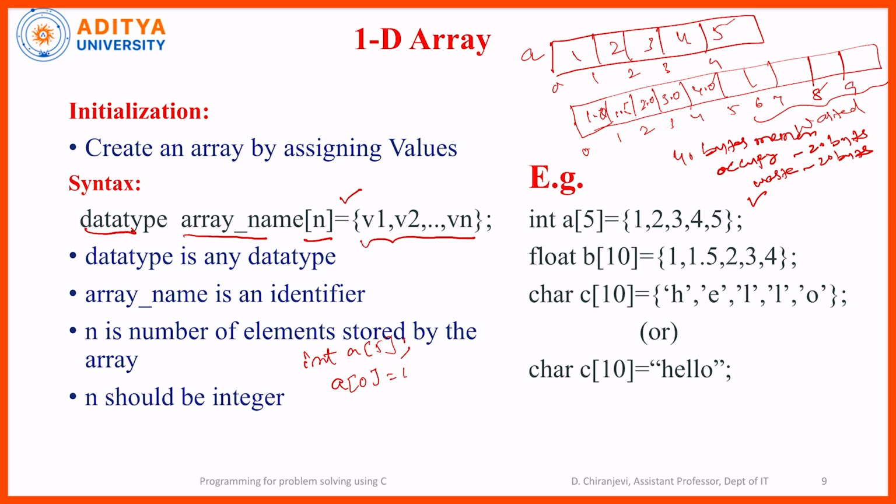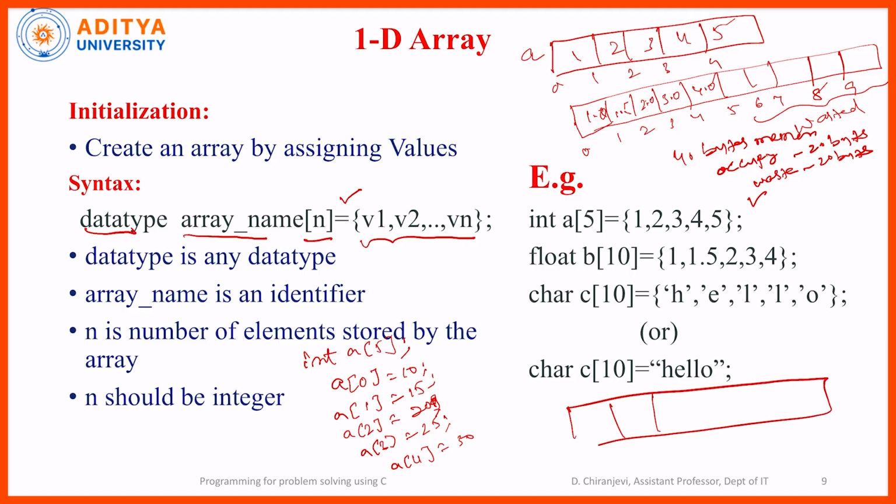A of 0 equal to 10, a of 1 equal to 15, a of 2 equal to 20, a of 3 equal to 25, a of 4 equal to 30. Now memory will be allocated like this: 10, 15, 20, 25, 30. This is the other method by which you can initialize an array.